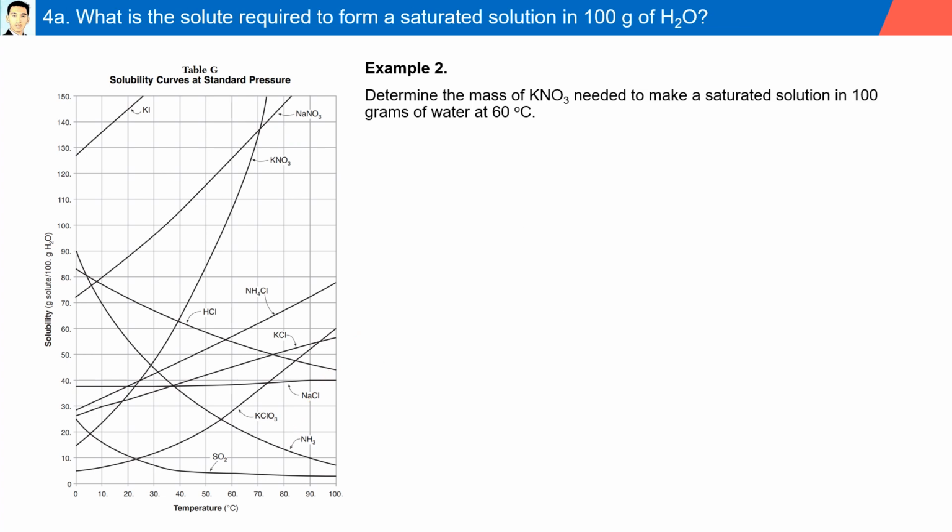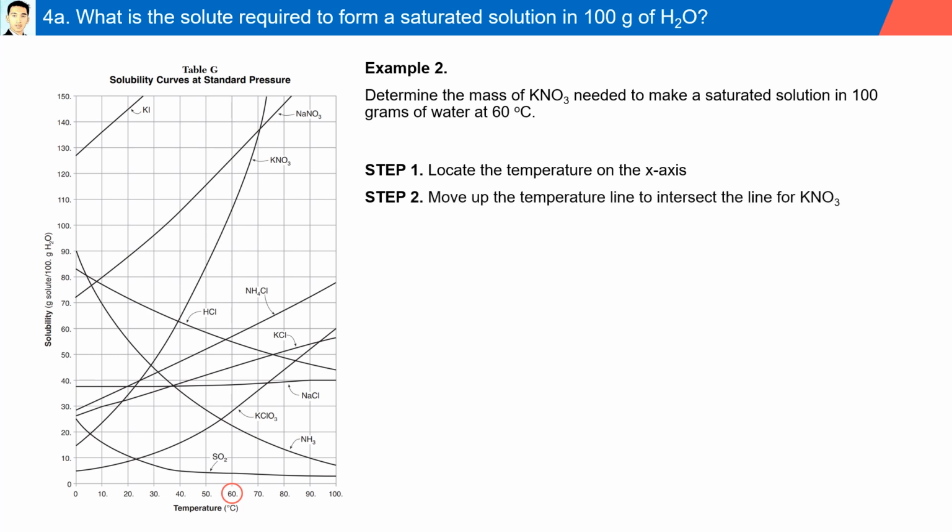What is the solute required to form a saturated solution in 100 grams of water? Example: determine the mass of KNO3 needed to make a saturated solution in 100 grams of water at 60 degrees Celsius. The first step is to locate the temperature on the x-axis, 60 degrees. Then we move up the temperature line to intersect the line for KNO3.